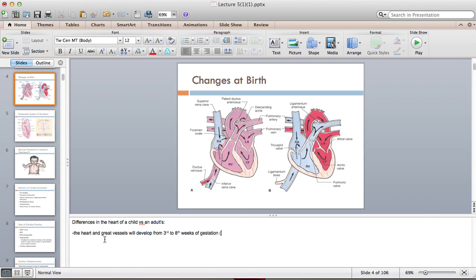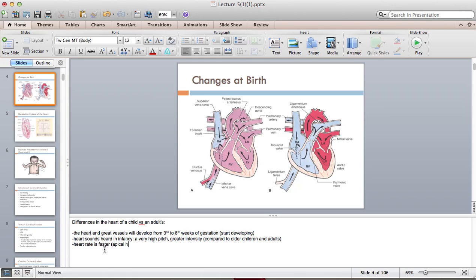You will notice that the heart sound that you will hear in infancy is of very high pitch and of greater intensity than you will hear in older children or adults. The heart rate is also faster. If you do the apical heart rate, it's fast.